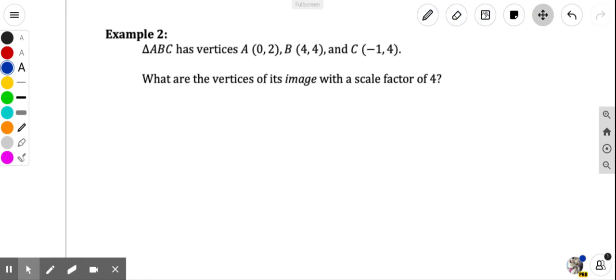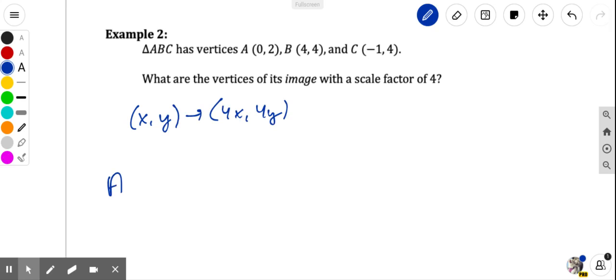Okay, so here's an example. We're given the coordinates of A, B, C, and we're asked what are the coordinates of the image if we dilated this with the scale factor of 4. So first I'm going to write the rule. It's going to be (4x, 4y). Now to get A prime, B prime, C prime, remember we put the prime symbol for the image versus the pre-image is just regular A. I'm just going to multiply everything by 4.